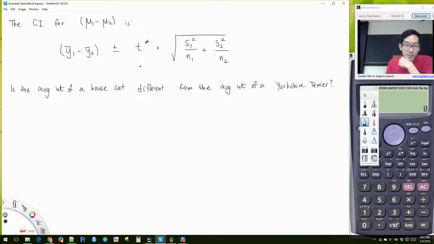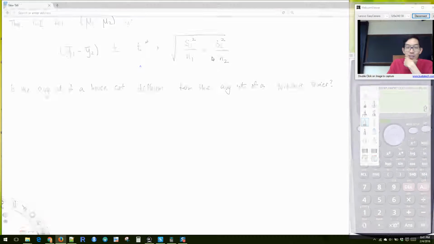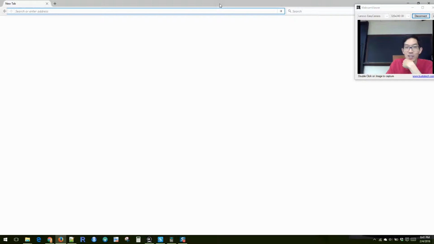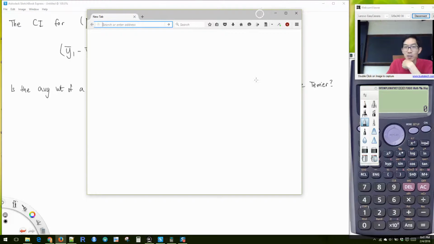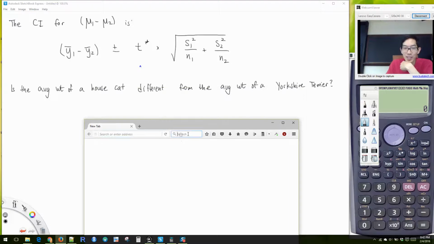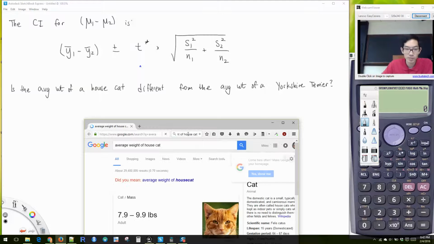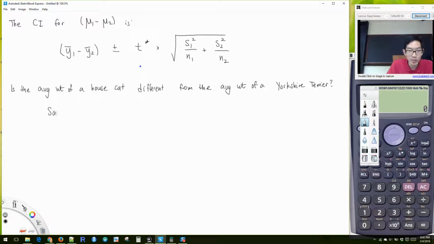I don't know. I've got to go on Google here and ask this question. What's the average weight of a house cat? We can just make up numbers too. 7.9 to 9.9. So we'll say sample 1 will be the cats.